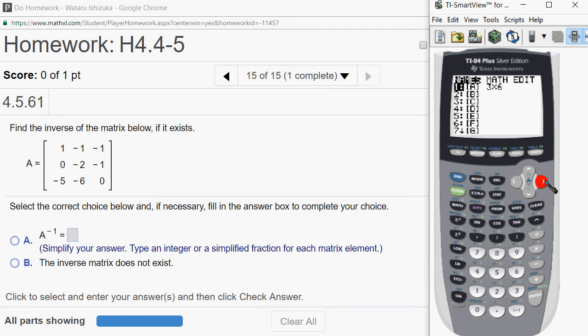Go to math, then let's see, go up. So multiply by row. In this case, we multiply by 1, and then previous answer, and so we're going to multiply the second row and add it to the first row. Then write parentheses and enter.